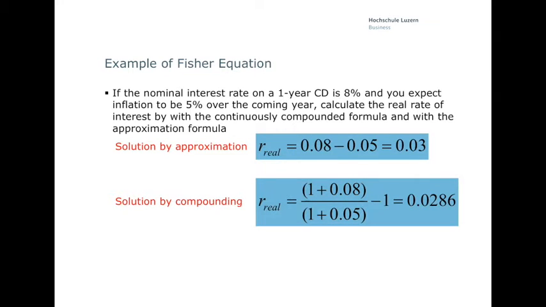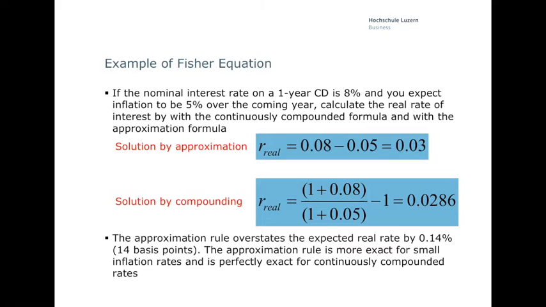The solution by compounding is simply 1 plus the nominal interest rate of 8% divided by 1 plus the inflation rate of 5% minus 1. This results in 2.86%. Now, by comparing the approximation result with the compounding result, you see there is a difference of 14 basis points.